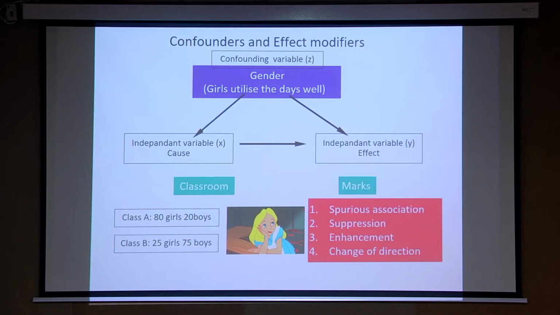And as usual, girls may study well and boys will roam around. So what do you get? Class A performing well. So here gender is the confounding factor. It unnecessarily gives credit to class A.